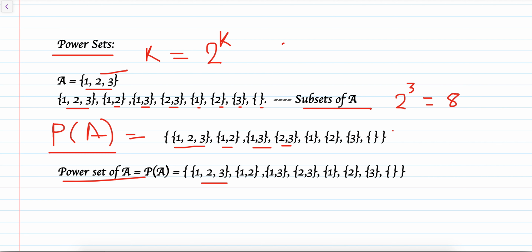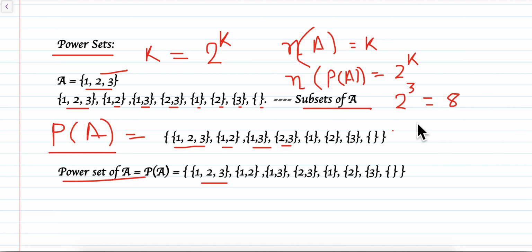Remember the term n(A) to denote cardinality. If n(A) is equal to k, then n of the power set of A is equal to 2 raised to the power k.